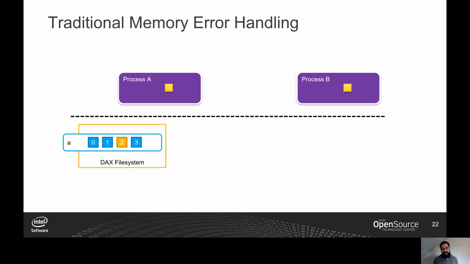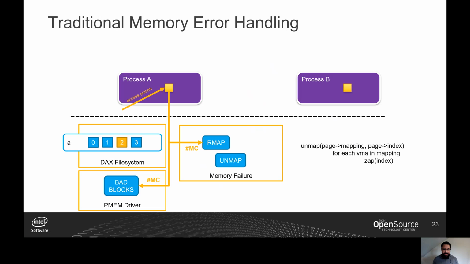We have process A and process B. They've both mapped file A down here on the DAX file system, but they've mapped this yellow block, and the yellow block is a poisoned page, where poison is a multi-bit ECC error. It's hardware detectable memory corruption that the CPU can detect when it consumes it, and flag it as an error.